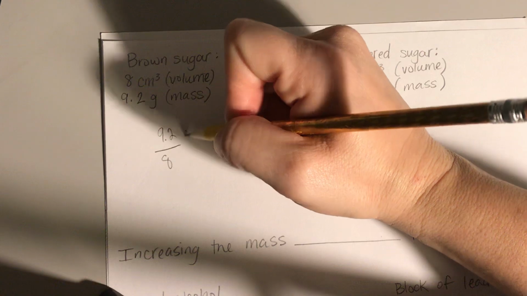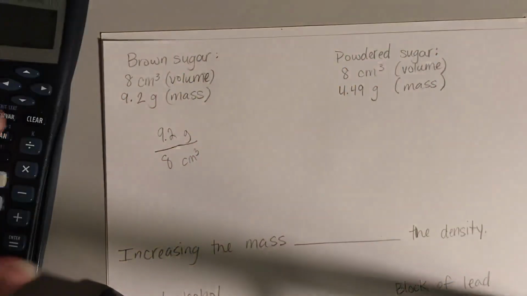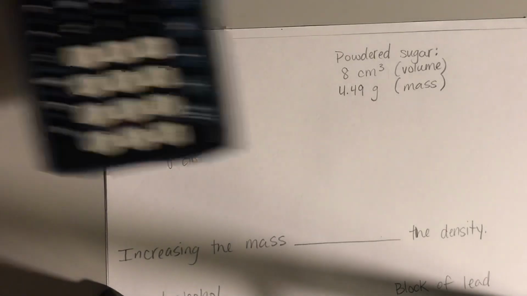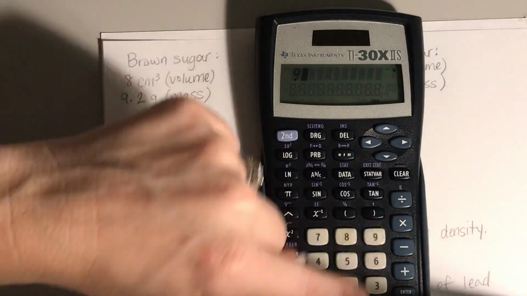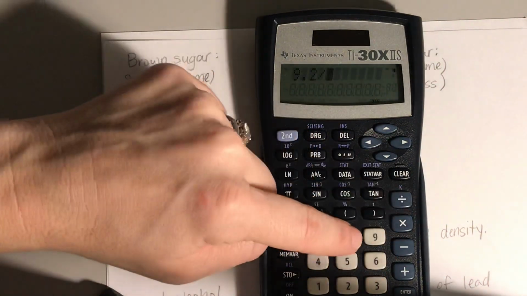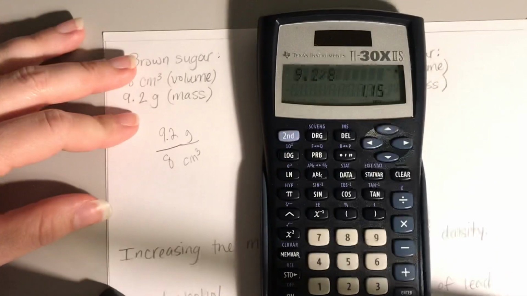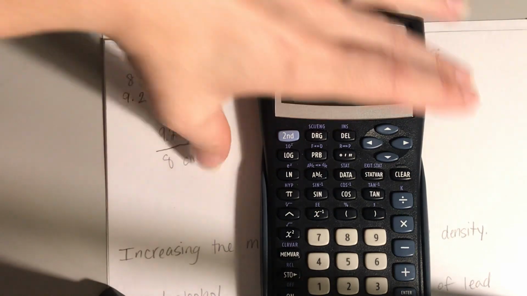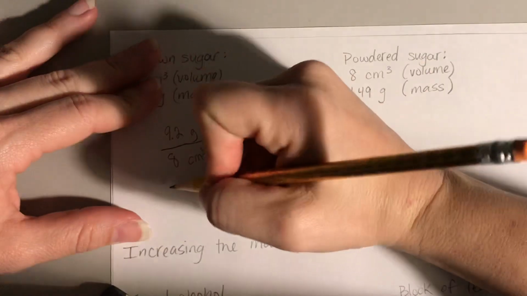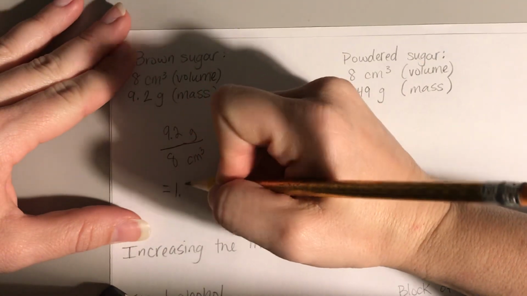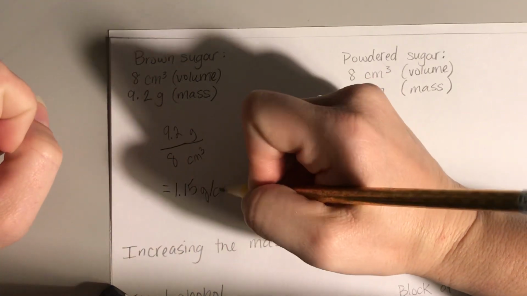The units here are grams per cubic centimeter. So 9.2 divided by 8, and brown sugar has a density of 1.15 grams per cubic centimeter.